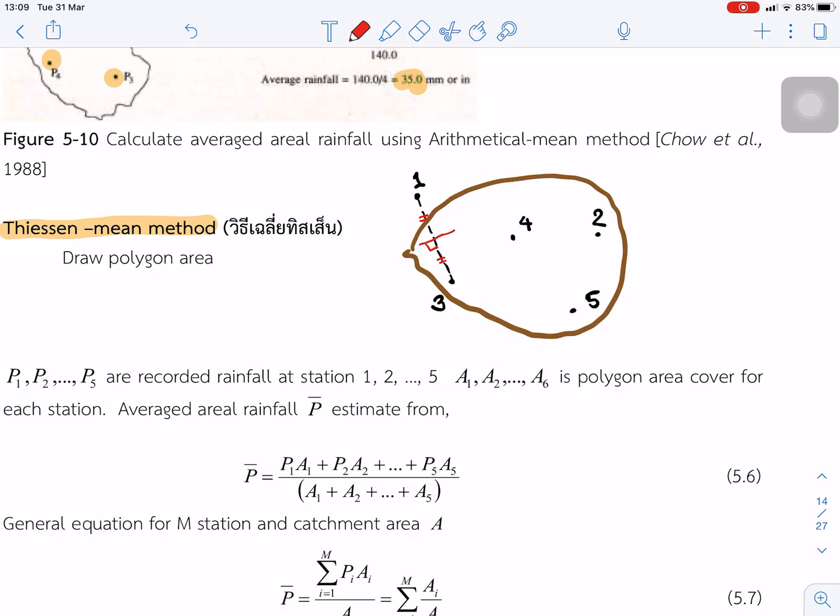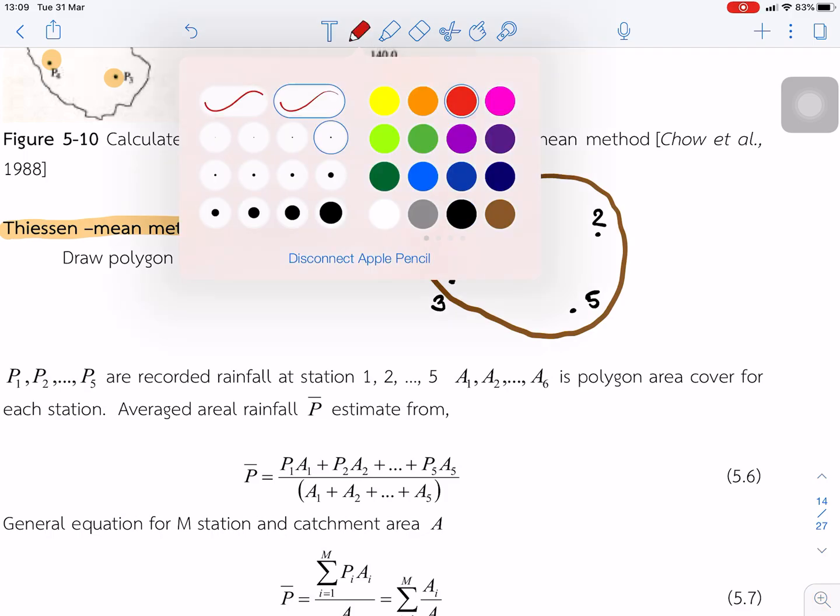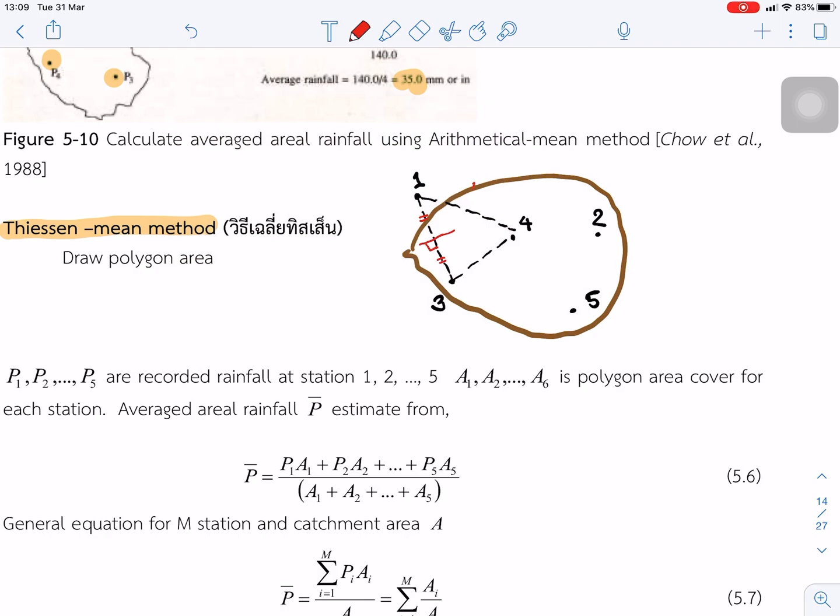For the other, between 3 and 4, we do the same. We can draw red lines between 1 and 4, and do the same for this one. If we do it precisely, this red line becomes the middle of the triangle.